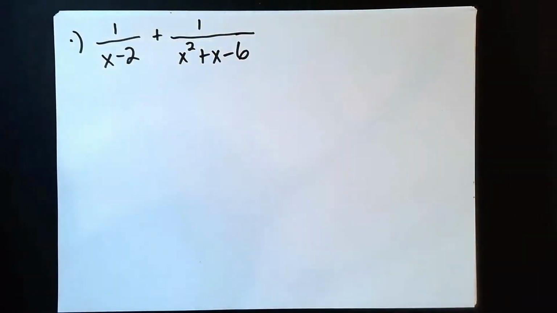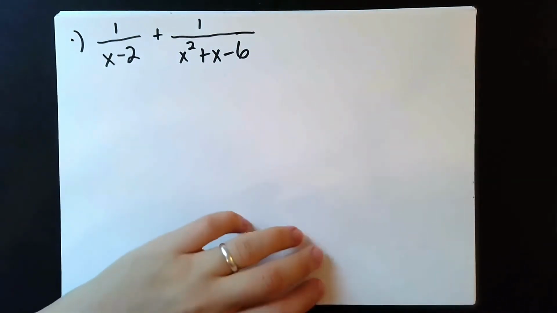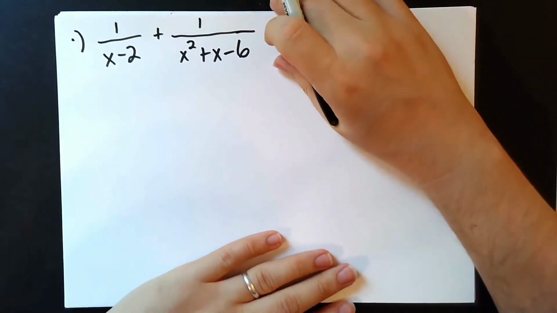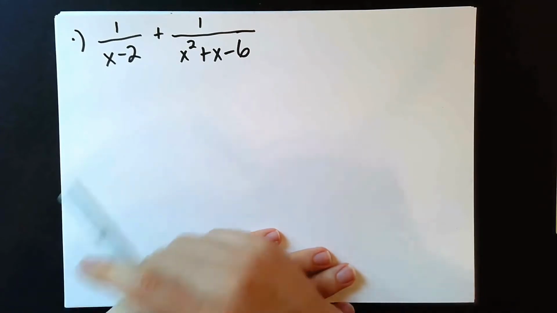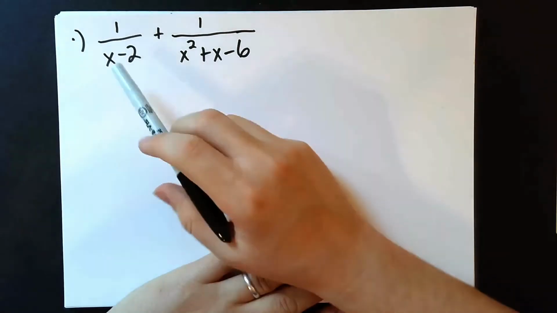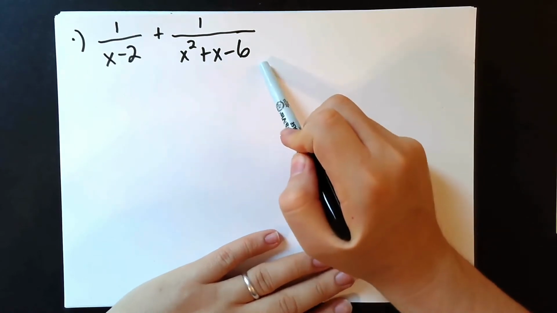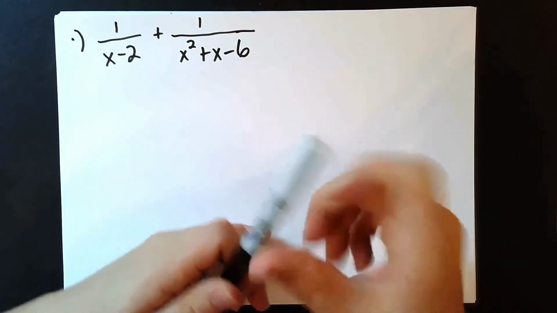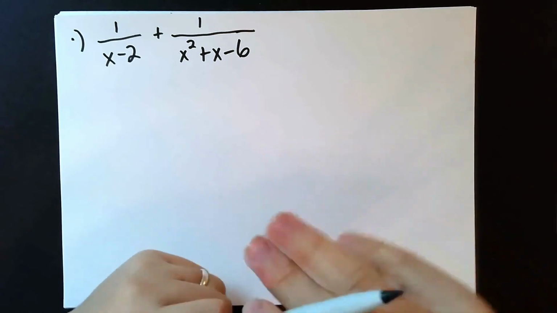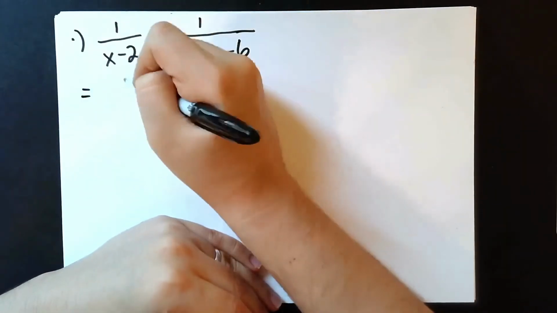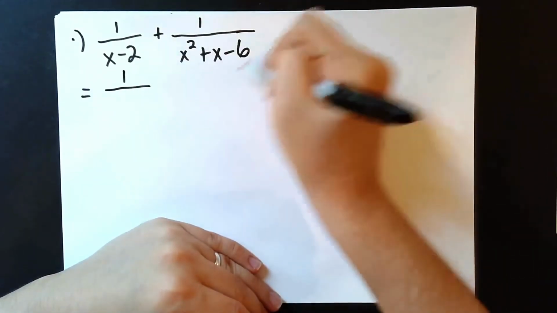The same thing is actually true in this example. So I might be inclined to say, okay, as my common denominator, I'm going to take x minus 2 times x squared plus x minus 6. But wait a second, before we do that, I want to rewrite this quadratic.